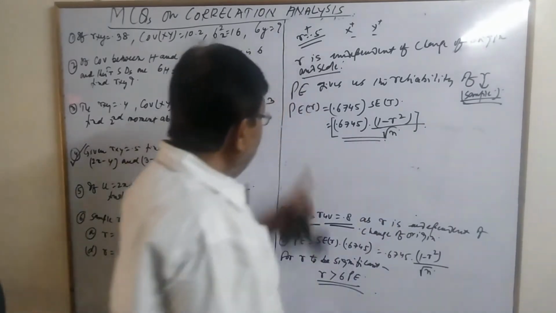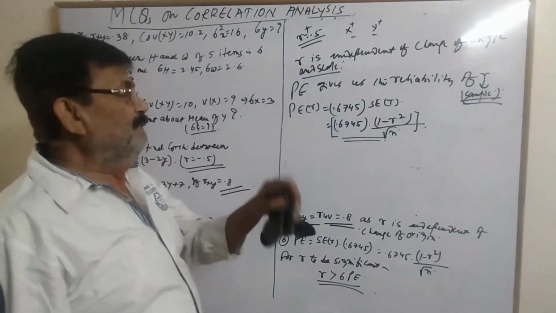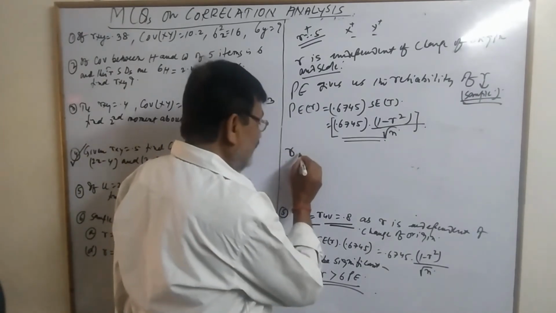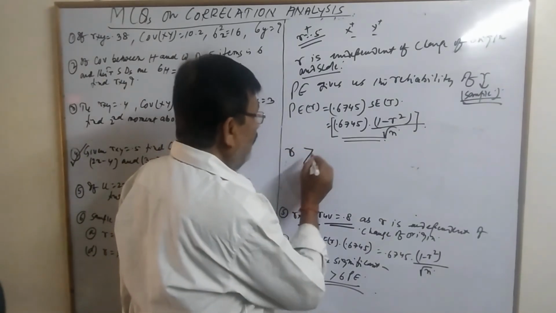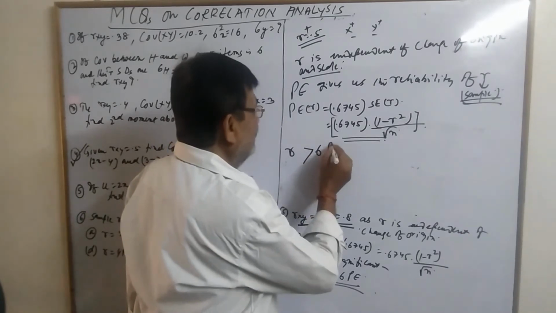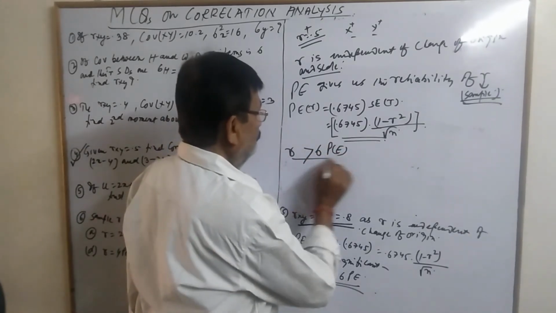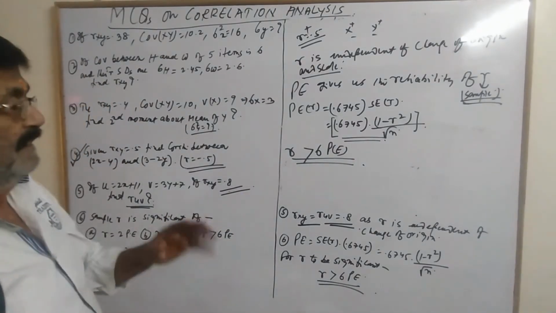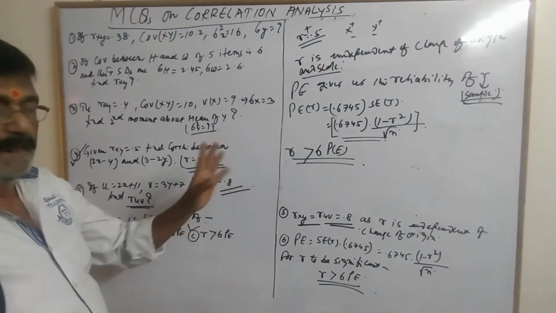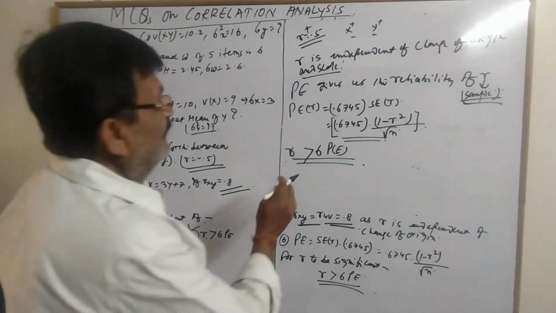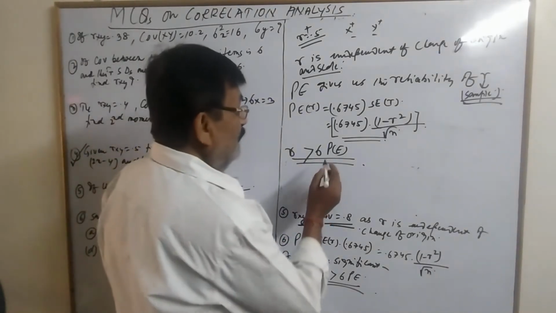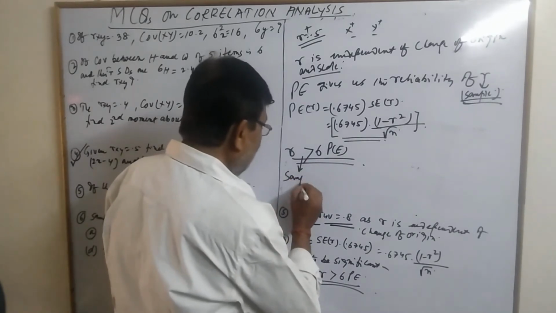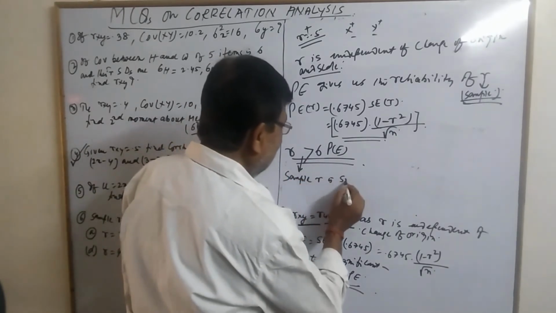Now, when it is significant or insignificant, this R would be significant if R, sample R, happens to be 6 times of probable error. Only then sample R stands as significant, else it will be insignificant. So if R is greater than 6 times of the probable error, we conclude that sample R is significant.